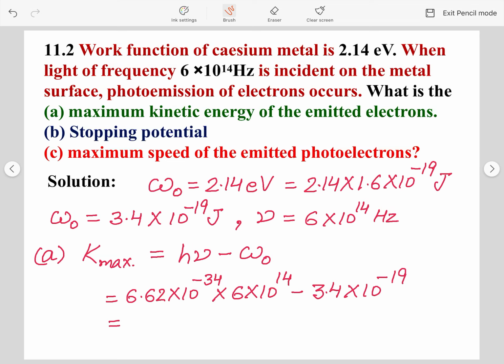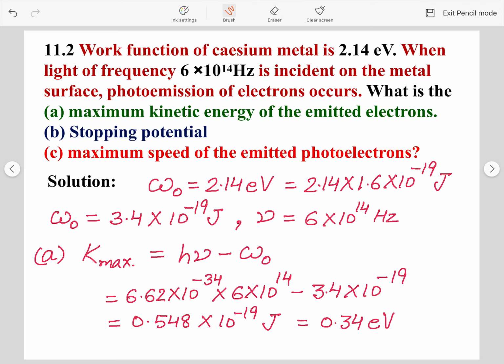On solving we will get 0.548 into 10 raised to power minus 19 joule. You can leave it here, otherwise you can convert it into electron volt by dividing by 1.6 into 10 raised to power minus 19, and we will get 0.34 electron volt. This is part 1 that is solved.